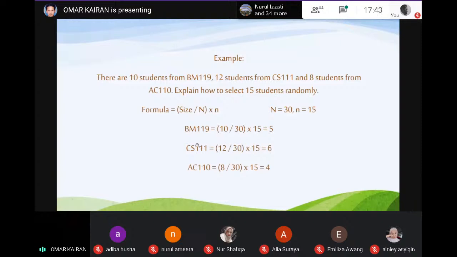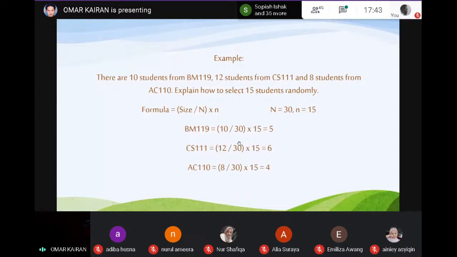So how to get the n untuk setiap group itu? Bilangan yang kita nak pilih daripada setiap groups. Kita ambil 5, 6, 4. 10 bagi 30, 10 ni bilangan student BM119. 12 ini from CS11.